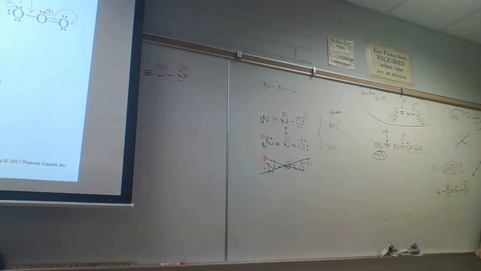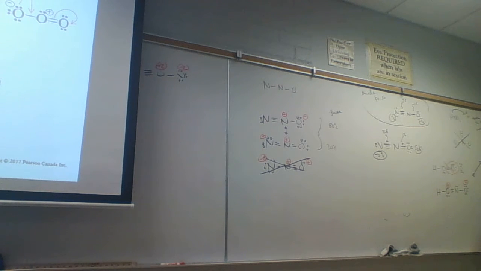And we don't want to compare them because that's like comparing apples and oranges. They're totally different. And so this is zero formal charge, this is zero. So this looks very bad to me.